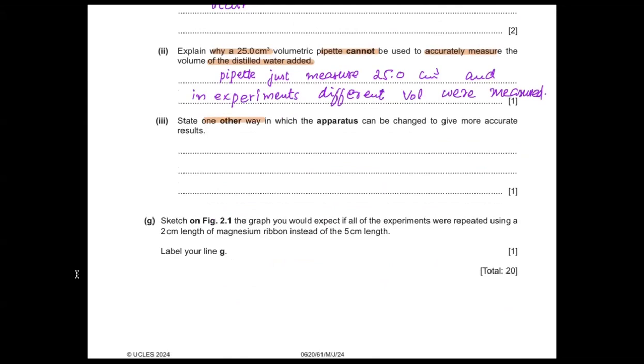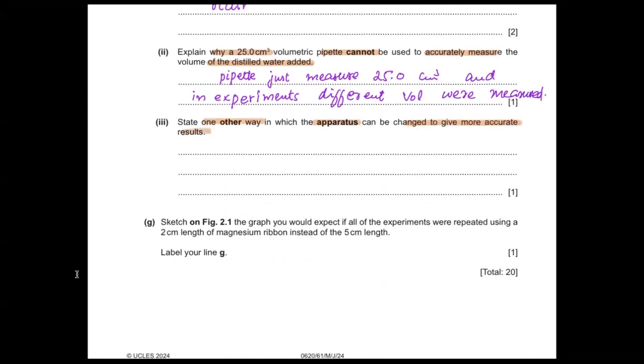State one other way in which the apparatus can be changed to give more accurate results. So for the accuracy, we can go for a burette. Sir, instead of the pipette, what can we use? So we have initially used a measuring cylinder, right? Yes.